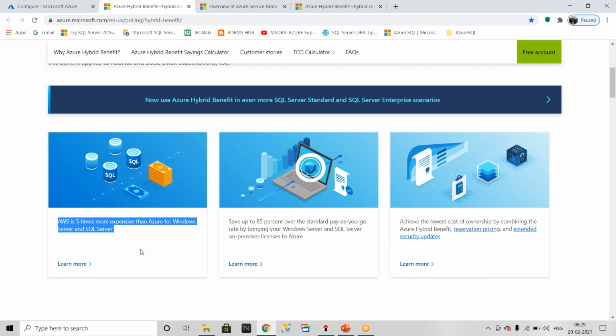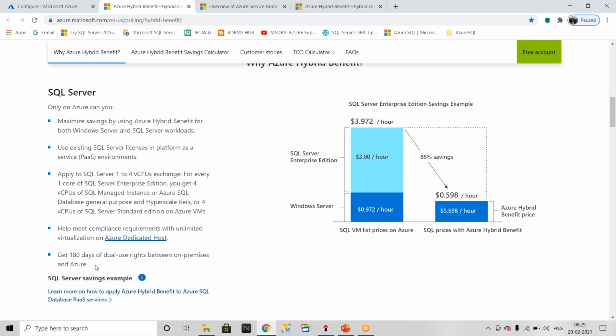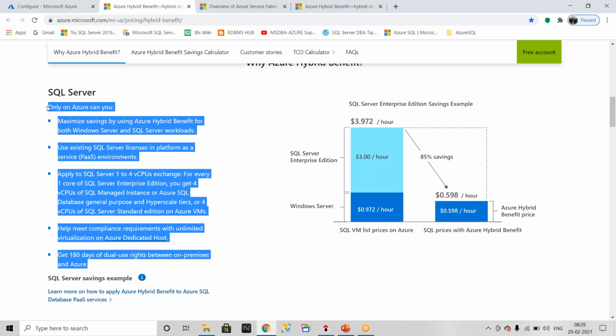When you scroll down, see, it is clearly mentioned here about your license. Whatever license you have on-prem, that license can be applicable only in Azure, sir. No other cloud platform.